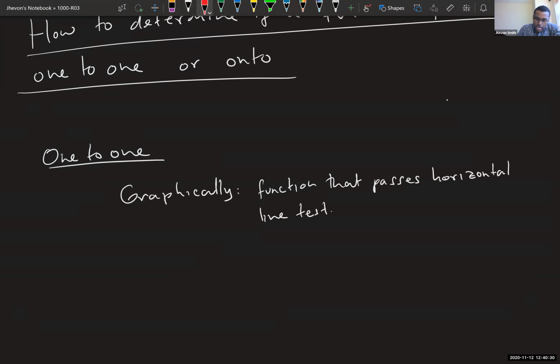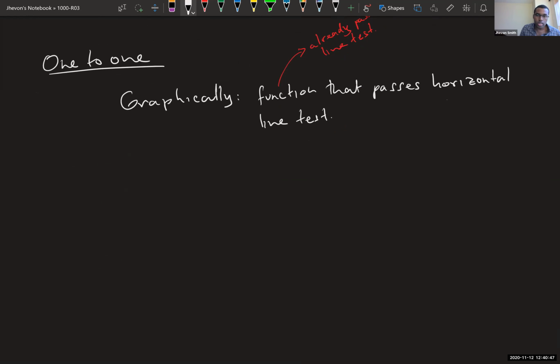It has to be a function first, which means it already passes the vertical line test. So it's 1 to 1 if it also passes the horizontal line test.